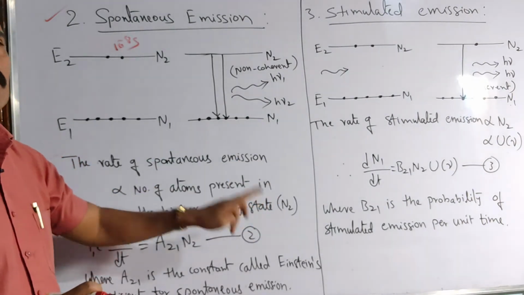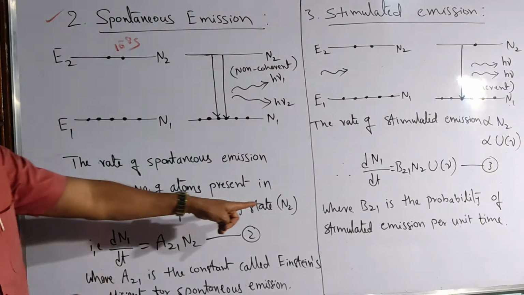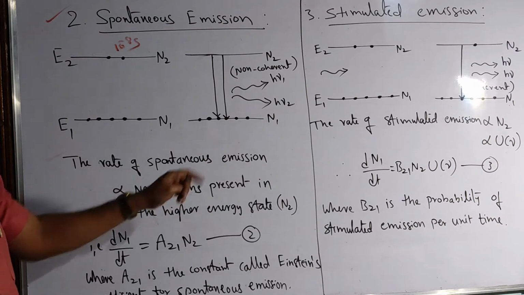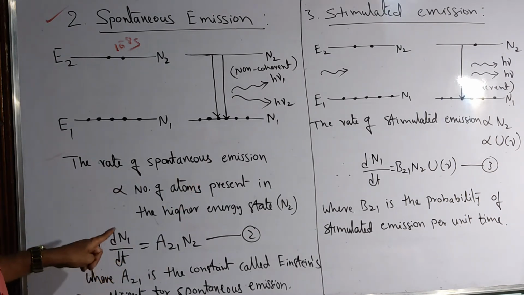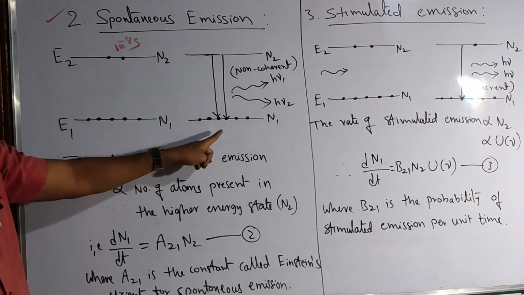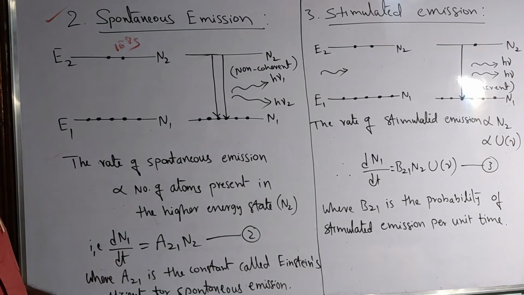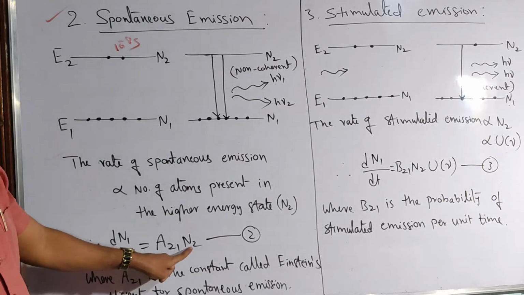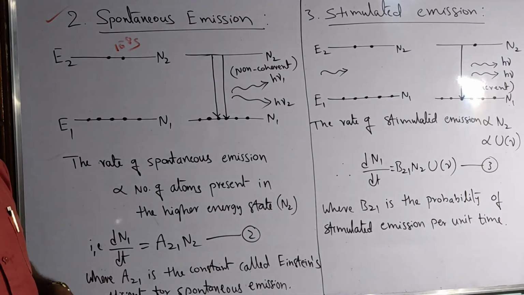So there is no dependency on the further incident radiation at all, so it depends only on N2. So we can now write down the rate of spontaneous emission as dN1 by dt, because there is a change in the number of atoms after this transition. dN1 by dt is equal to A21 into N2, where the variable is N2 here.